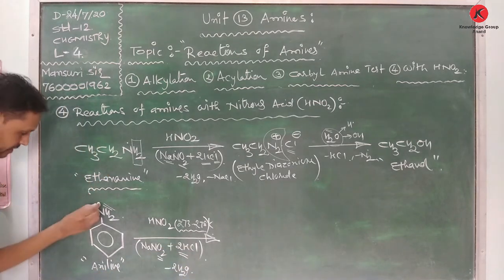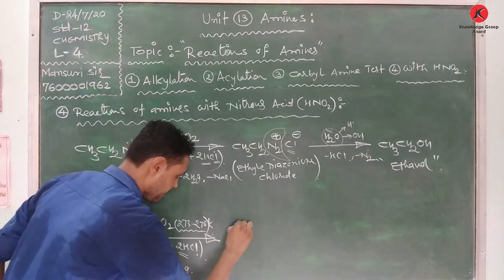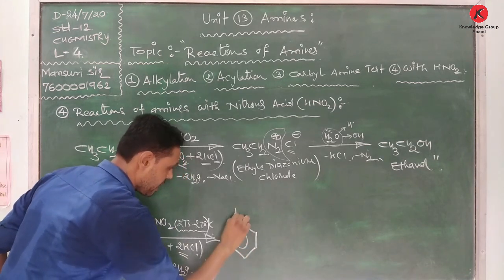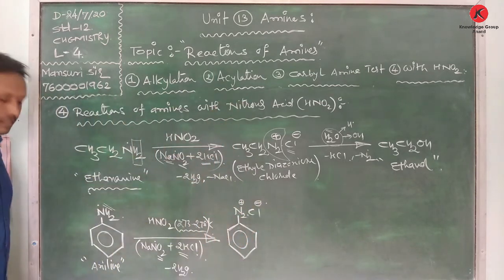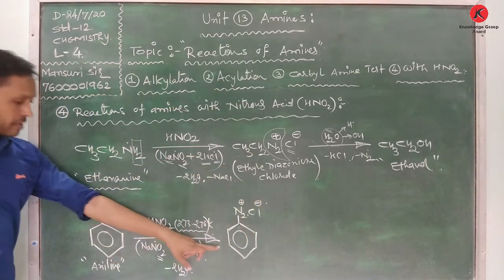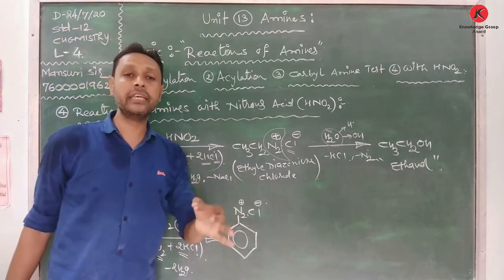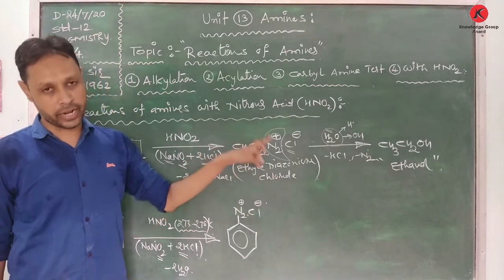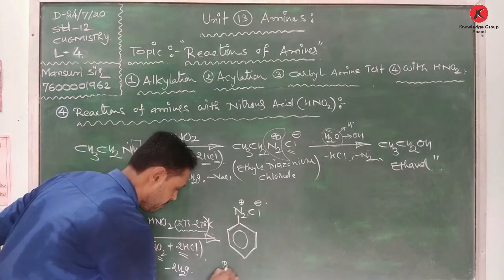Thereafter this N and this Cl will make N2Cl. The name of this compound will be benzene diazonium chloride. This was ethyl diazonium chloride, and this is benzene diazonium chloride.